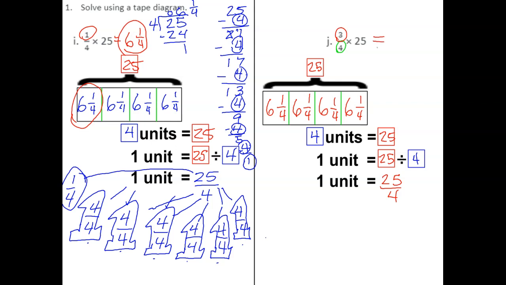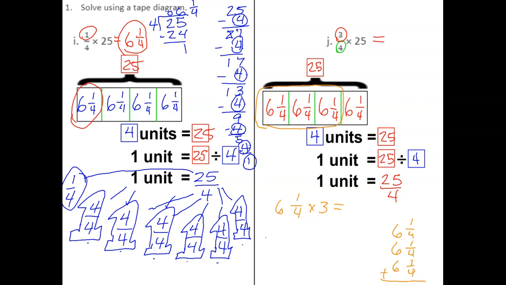Here for J, we're trying to find out how much 3 units equal to. So now we're going to have to say, well, 6 and 1/4 either times 3 or 6 and 1/4 plus 6 and 1/4 plus 6 and 1/4.